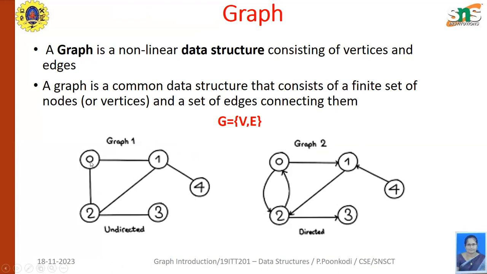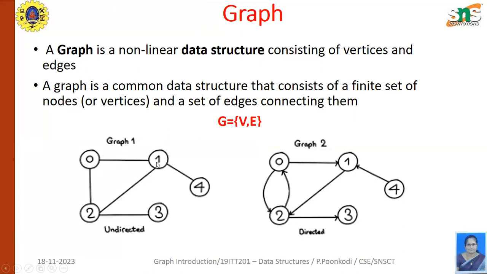The 0 is connected with 1 and 2, so it will be represented as 0,1 and 0,2. And 2 is connected with 0, 3 and 1. So the edges of vertex 2 are 2,0, which is already mentioned as 0,2. So don't include this. We just have to include 2,3 and 2,1.